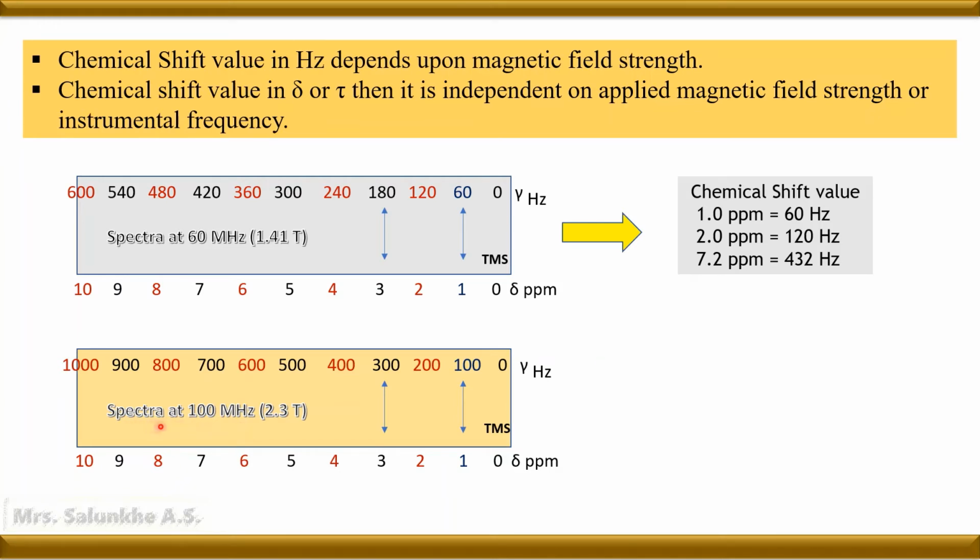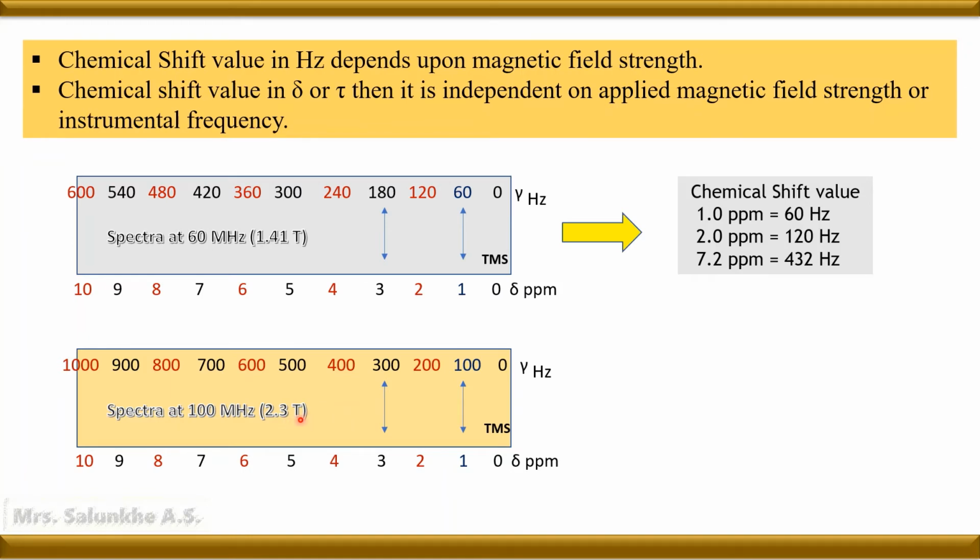And suppose the spectrum is taken on a 100 megahertz instrument, that is, the irradiated radio frequency is 100 megahertz and the applied magnetic field strength is 2.3 Tesla. That is the applied magnetic strength at the starting point.